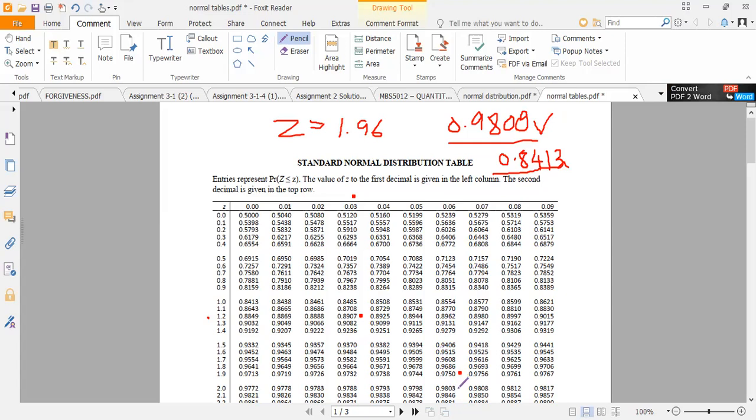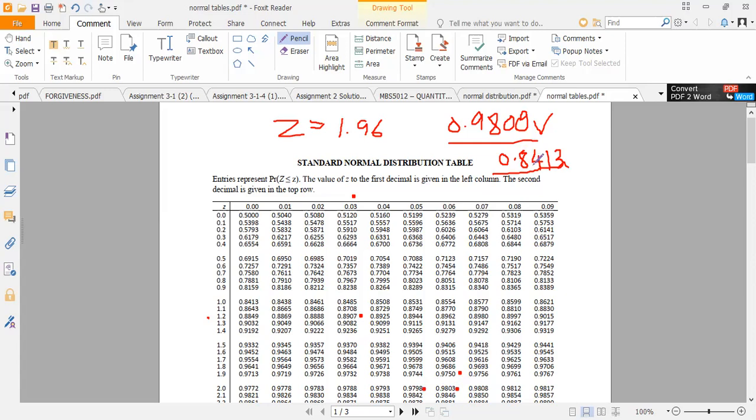Yes, it's close, but not the closest. The closest is 2.05 because this one is below by 2 and this one is above by 3. Of course, both of them can be chosen, but the closest is 2.05. I'll give you a mark for that.